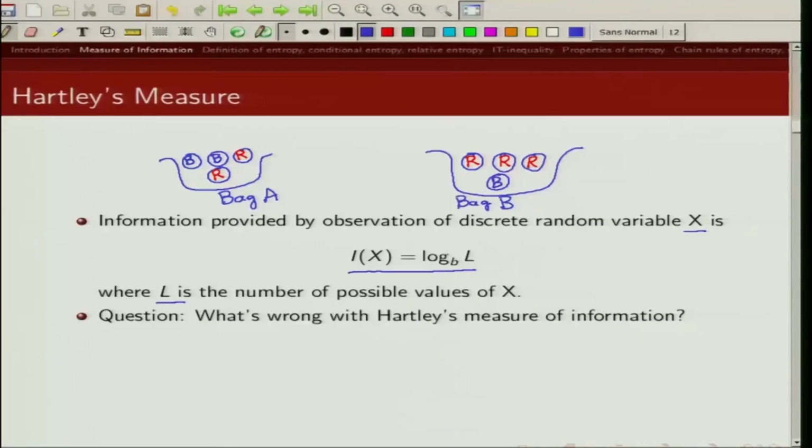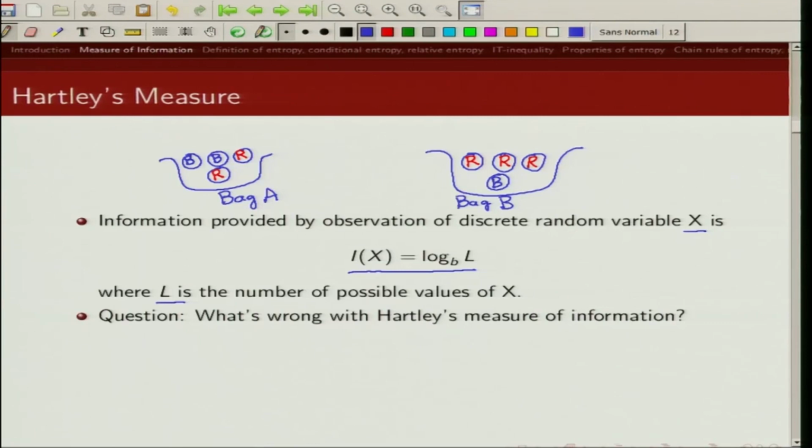Similarly, in bag B you have 2 possibilities. So according to Hartley's measure of information, the information content in both these bags is the same, because both have only 2 possibilities. But is the information content the same?